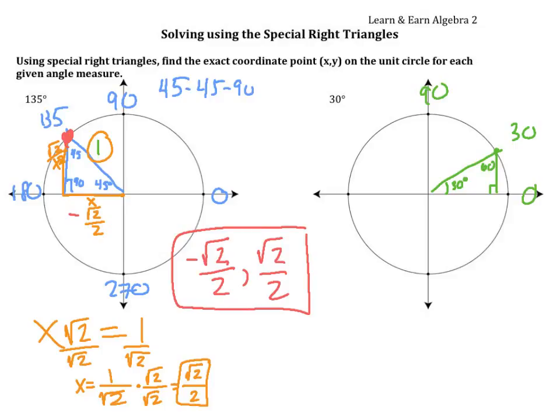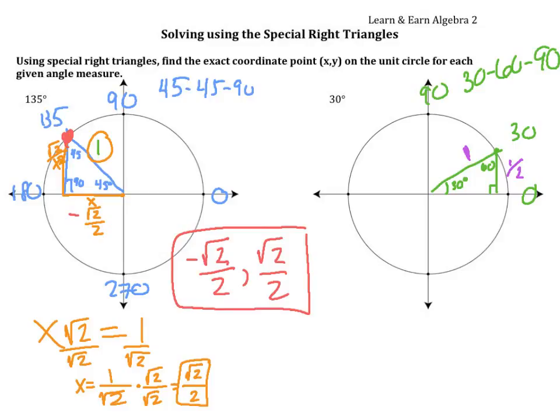Now for this special right triangle, I have 30, 60, 90. So let's talk about the rule for that. I know that my hypotenuse is going to be 1. The rule states that the length of the hypotenuse is twice the length of the shorter side. So if my hypotenuse is 1, that means that my shortest side would have to be 1/2.